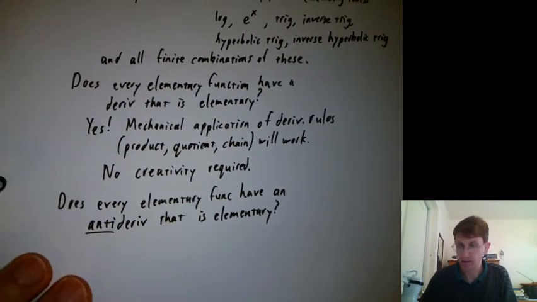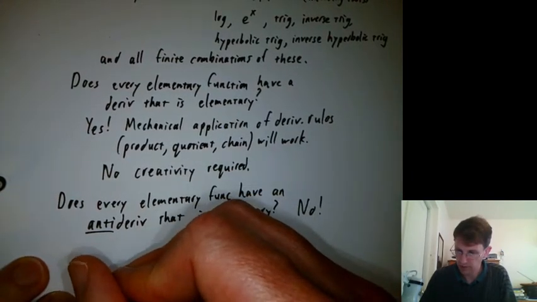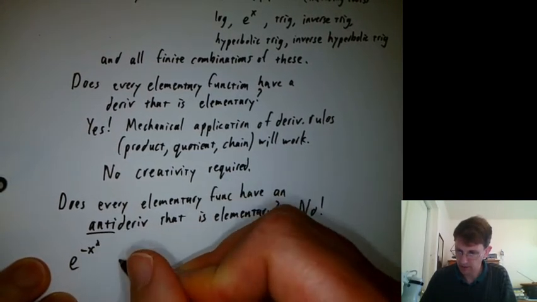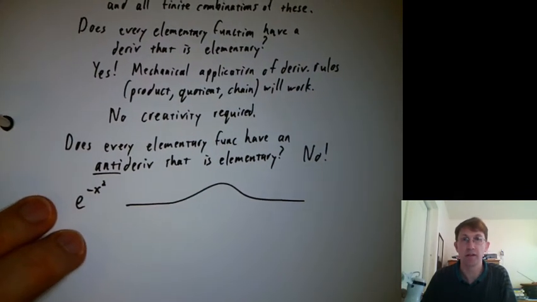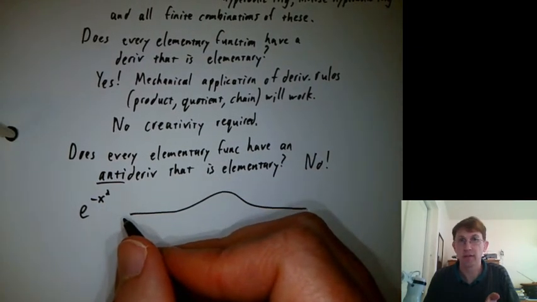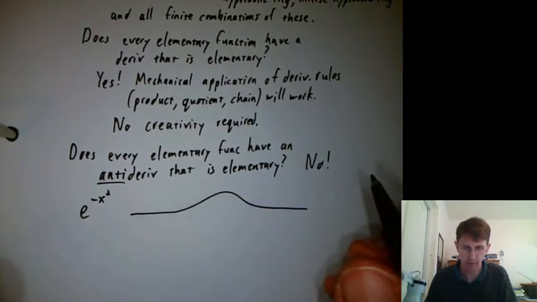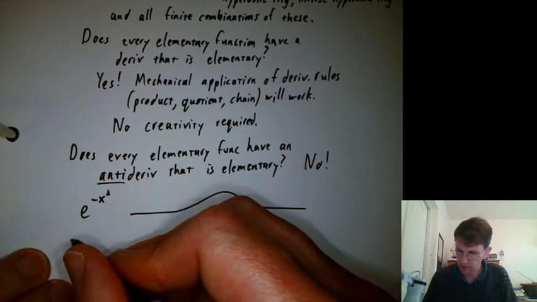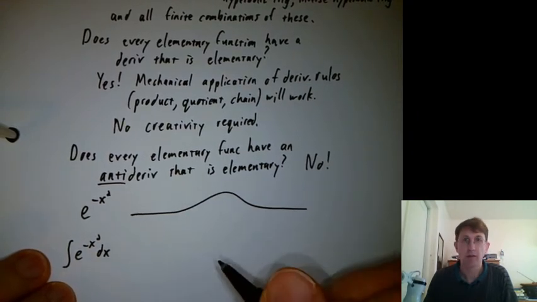Well, it turns out the answer is no. And the big important one is e to the negative x squared, which looks like a bell curve, or it is basically the statistical bell curve. For the statistical bell curve, we put a divide by 2 and throw a constant out front, but the shape is the same. What about the integral of e to the negative x squared dx? What does that look like?